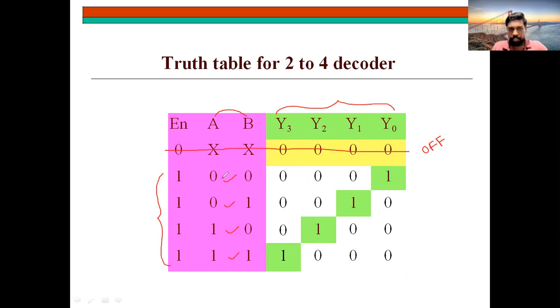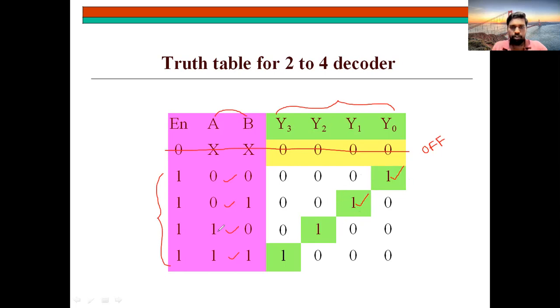When 0, 0, for the first input condition, the first output Y0 is activated and the remaining three are 0. For the second combination 0, 1, the second output Y1 is activated and the remaining three are 0.